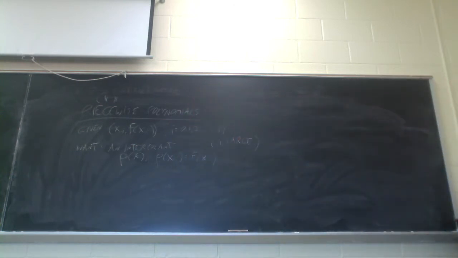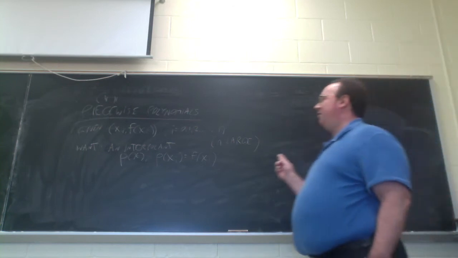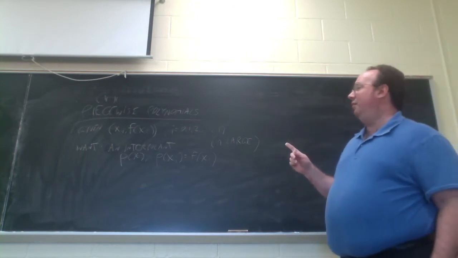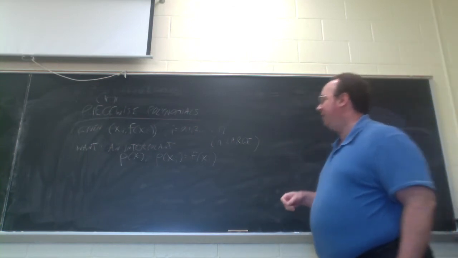Now we know how to solve this problem already. We can pass a polynomial through all these points. So we have n plus 1 points altogether. We know that there's a polynomial of degree n that matches.